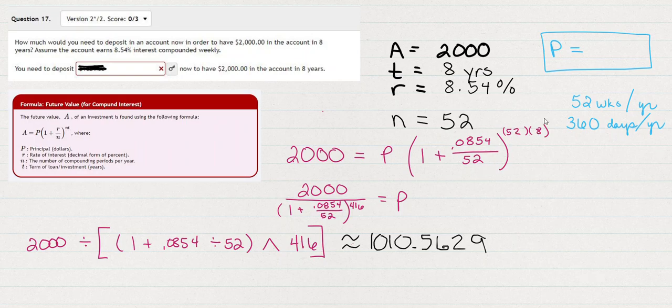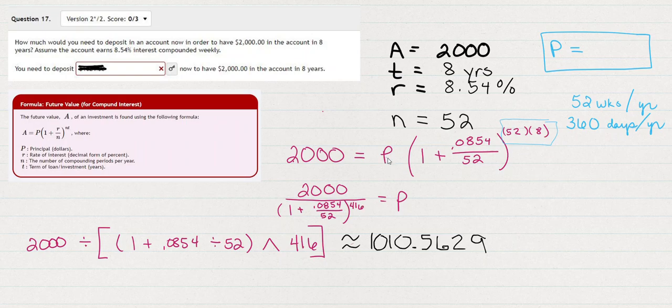What is 52 times 8? That's telling us, over the course of the loan, how many times it is compounded total. So 8 years, 52 times a year, gives us 416 times that it's compounded.